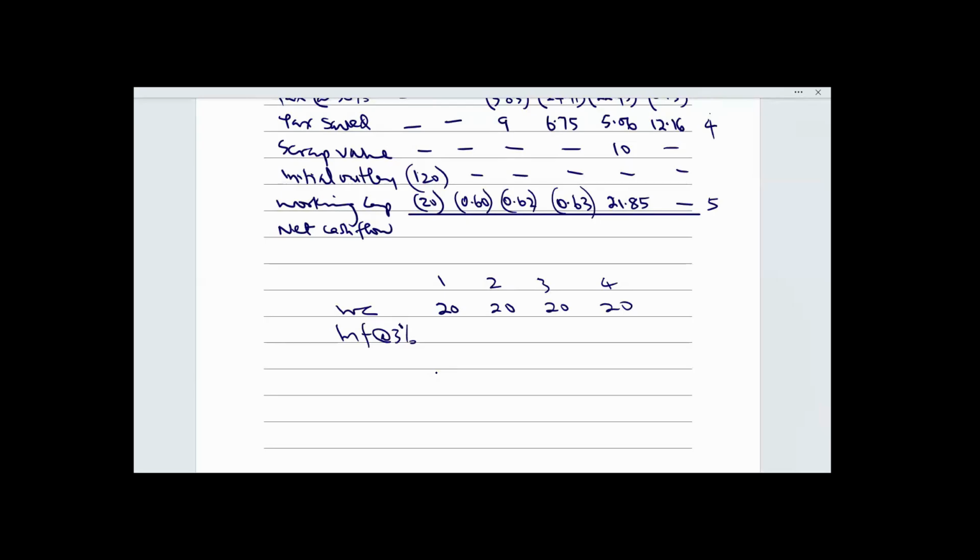So of course, we now say 1.03 raised to power 0, 1.03 raised to power 1, 1.03 raised to power 2, 1.03 raised to power 3. This is the way we calculated it last week. There will be 20. Okay?